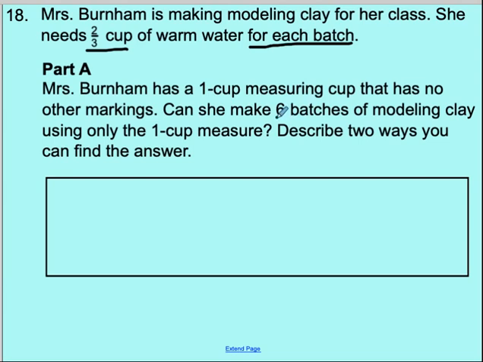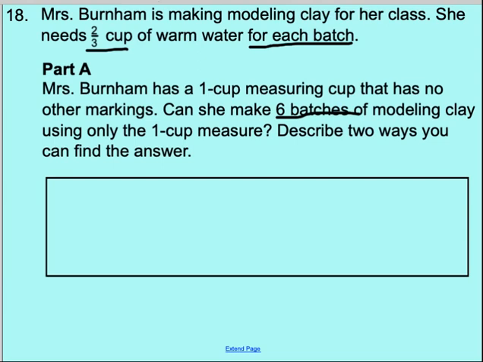Can she make 6 batches of modeling clay using only the 1 cup measure? Describe 2 ways you can find the answer. Ooh, well, I've kind of been doing that all along with you, so we're set up for 2 different ways. Okay, so can she make 6 batches? All right, so we're going to go and think about this.